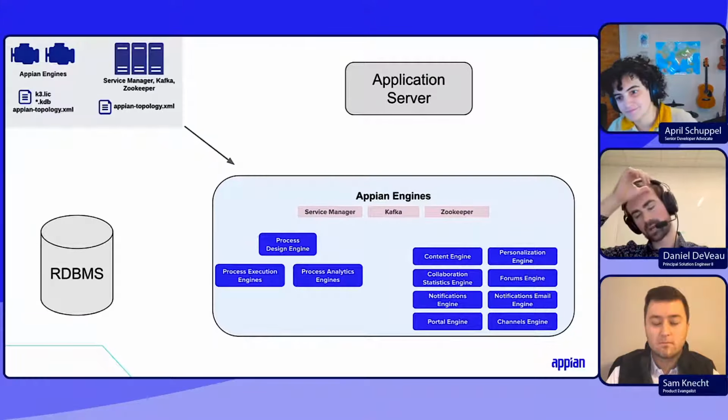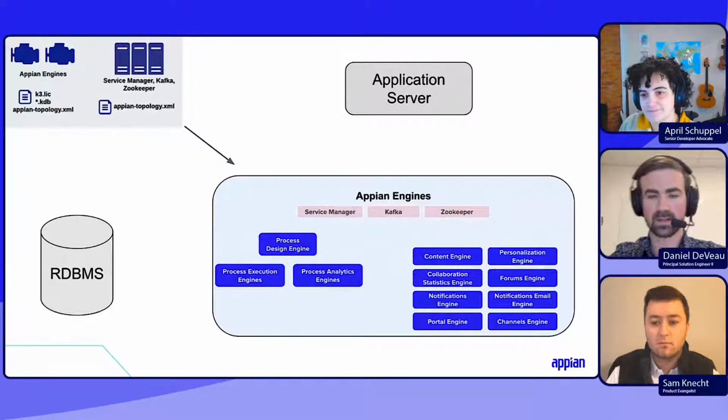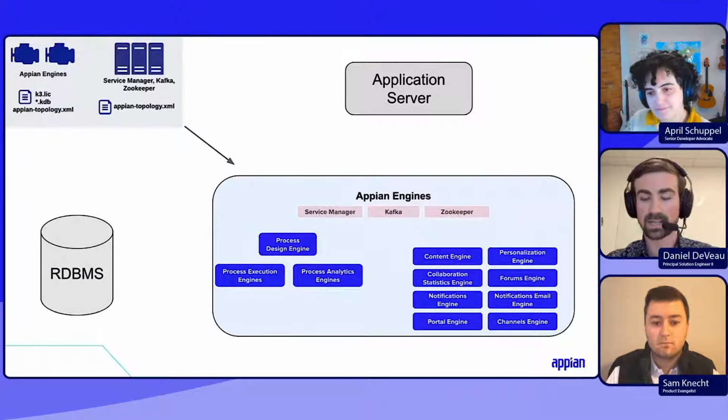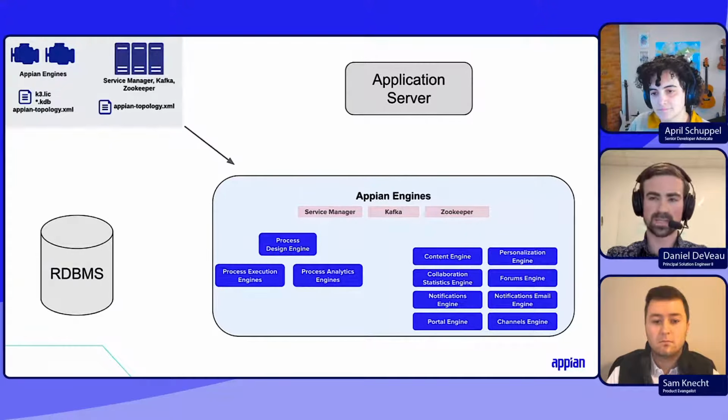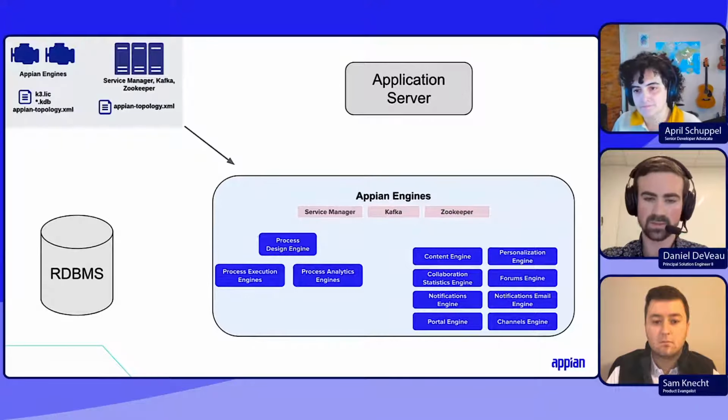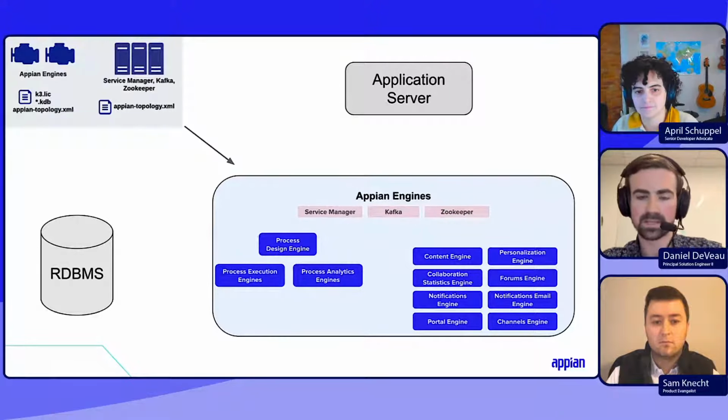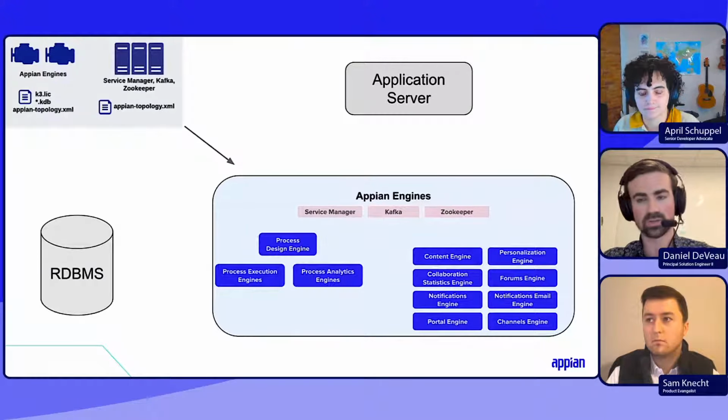Right. As I mentioned, the process execution and analytics engines have multiple shards, because those are so much more commonly the heaviest use. You can scale the number of pairs up and down, starting with a default of 3 execution and going up to 16. And for the groups engine, there's just the one.